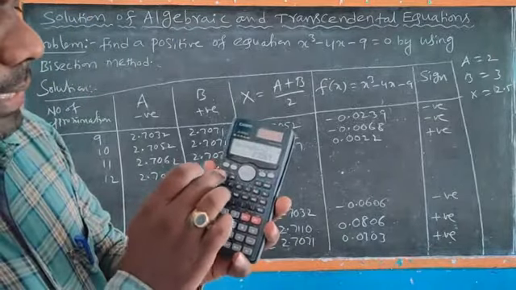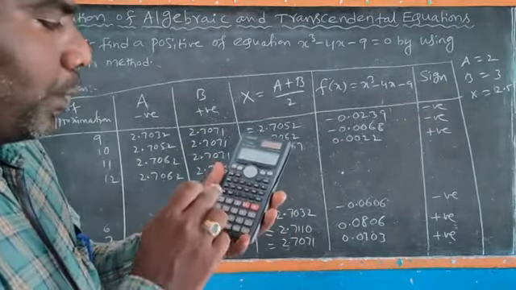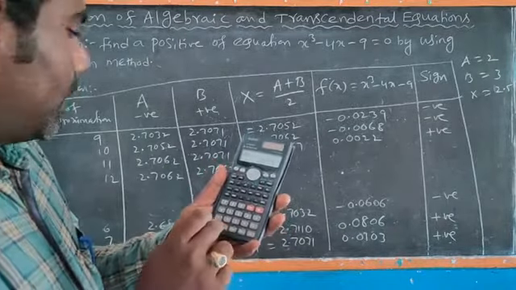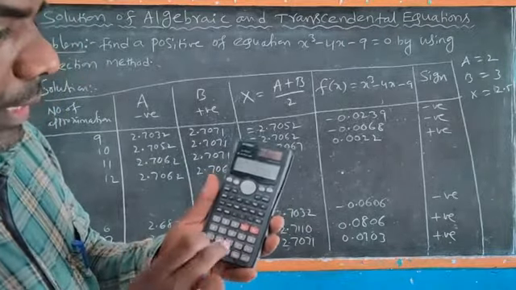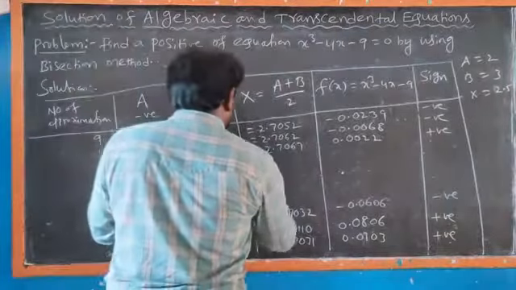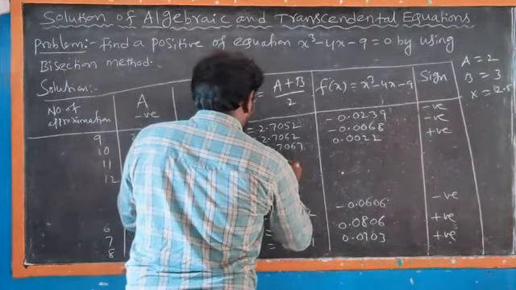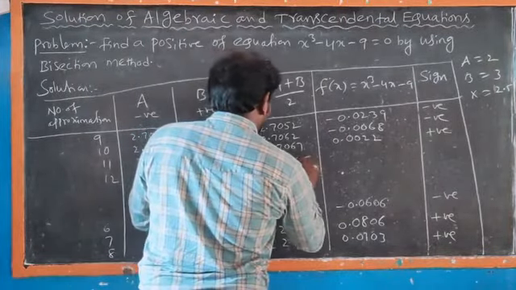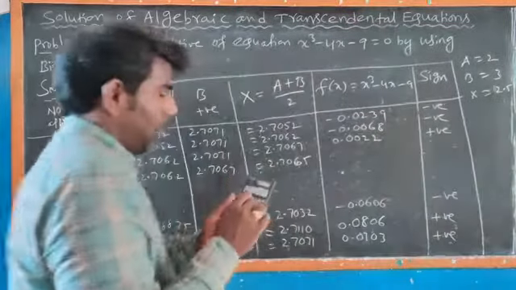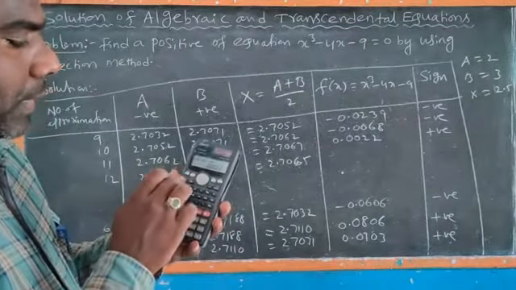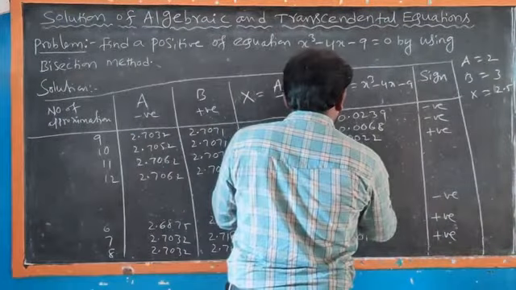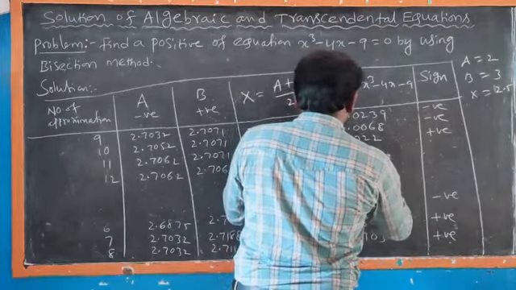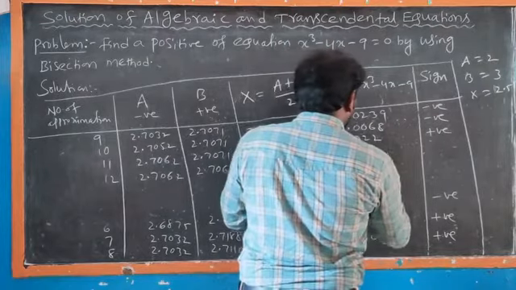Now go back. We get the formula. Calculate what is a: 2.7062. What is b: 2.7067. That equals 2.7065. Right. Now substitute the x value in the function. Then minus 0.0014. Okay. Right.